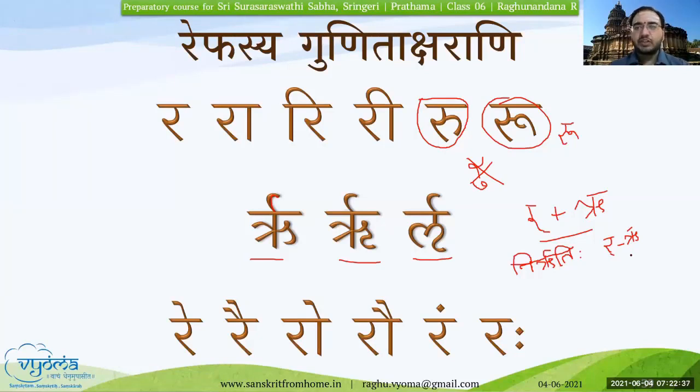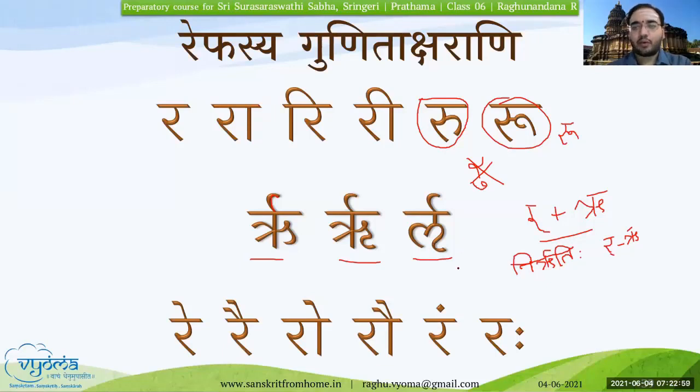The pronunciation of this letter, Nirratihi, is how it will be pronounced. We will not be able to say it as R, Nirrati, that's how it will be pronounced. Similarly, this letter as well, which is R, there's no other way to pronounce it.